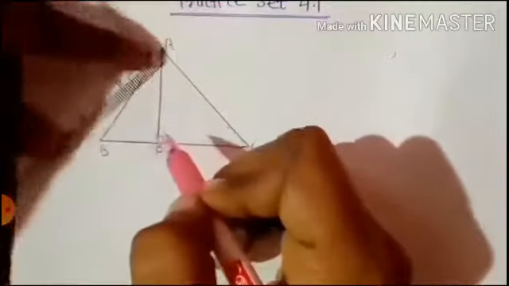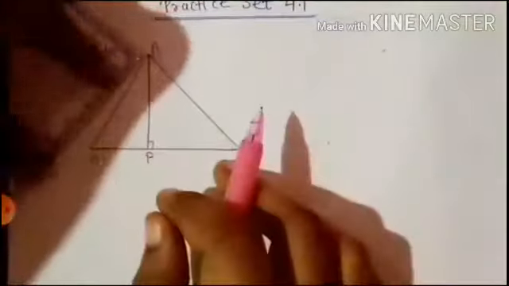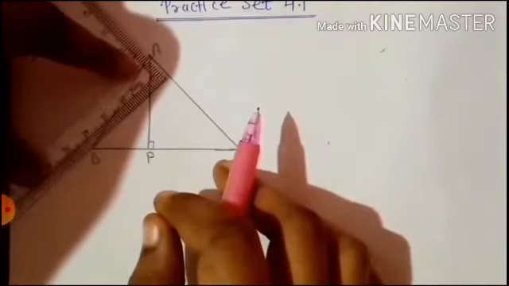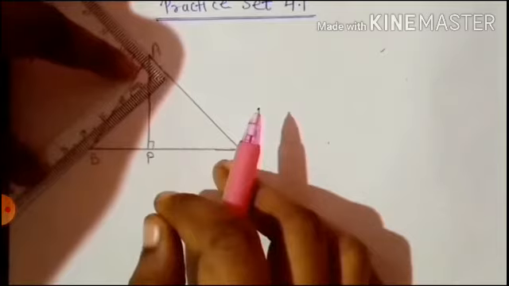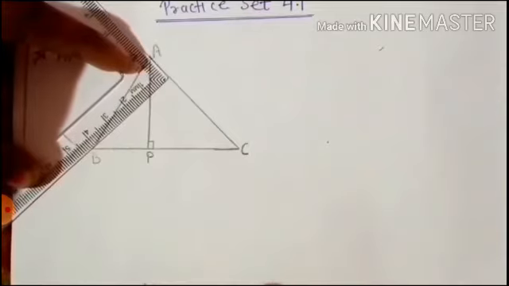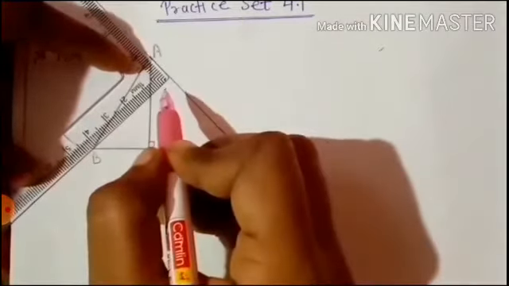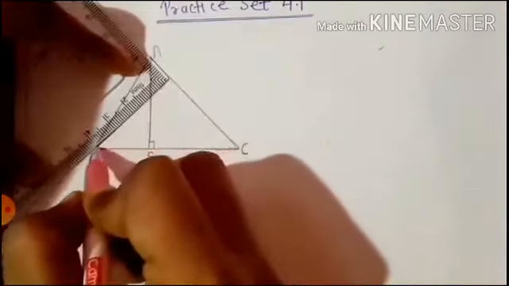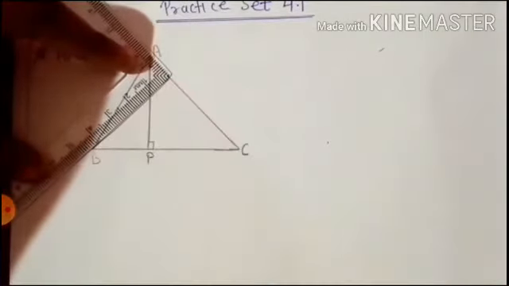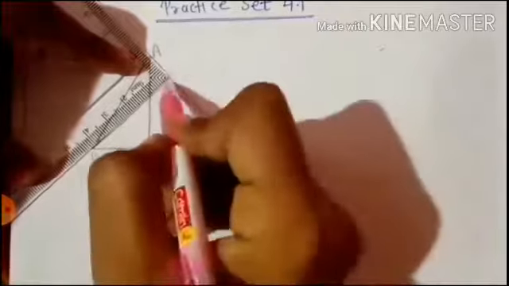If you want to draw the second altitude through the point B, we will set our set square like this and draw one straight line perpendicular to the segment AC, making 90 degrees. This is also called an altitude.